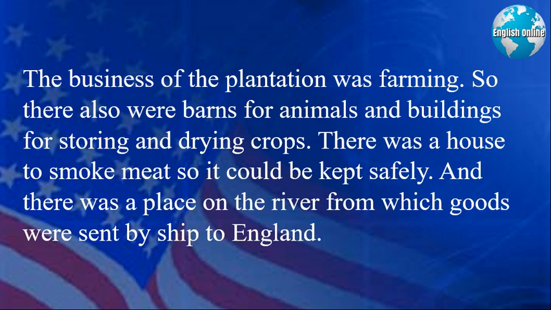The business of the plantation was farming, so there also were barns for animals and buildings for storing and drying crops. There was a house to smoke meat so it could be kept safely, and there was a place on the river from which goods were sent by ship to England.